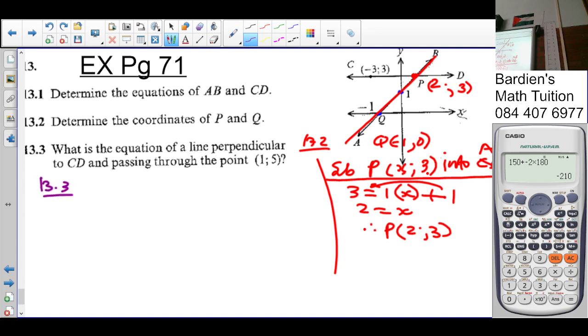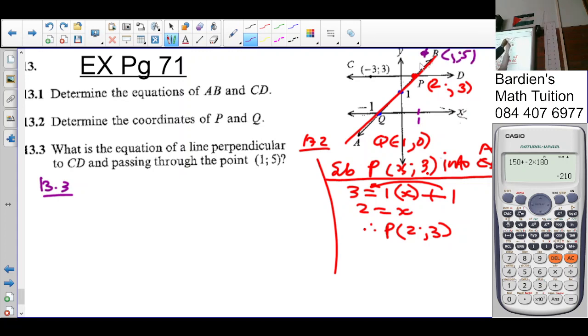13.3: What is the equation of the line perpendicular to CD? So perpendicular means to say what? 90. It's at 90 degrees. And it's going through 1 and 5. So if I look at x is 1, it's approximately there. Y is 5, approximately there. So that's 1 and 5.